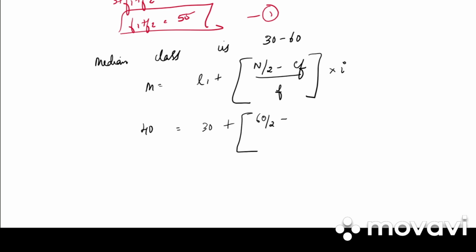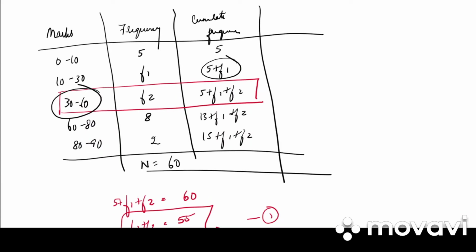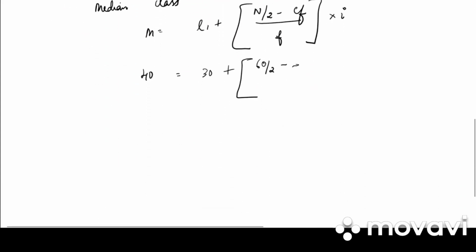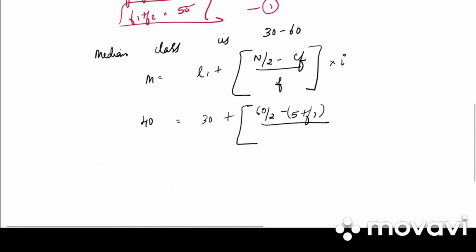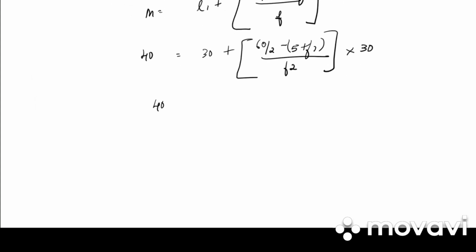60 divided by 2 minus what is cumulative frequency? 5 plus F1 divided by what will be the frequency? Frequency is F2 into I is 30. So we have 40 is equal to 30 plus 30 minus 5 minus F1. Why minus 5? Plus into minus is minus.